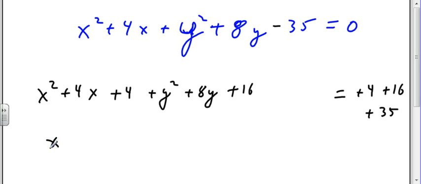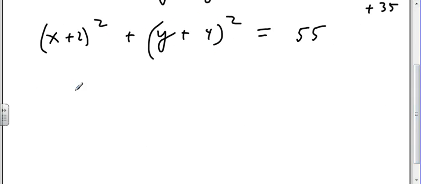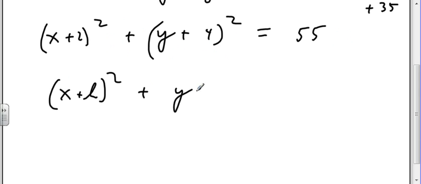And then this is going to be x plus 2 squared plus y plus 4 squared is equal to 55. And in the form x plus h squared plus y plus k squared is equal to r squared, notice the difference between the h and the k is very distinct.